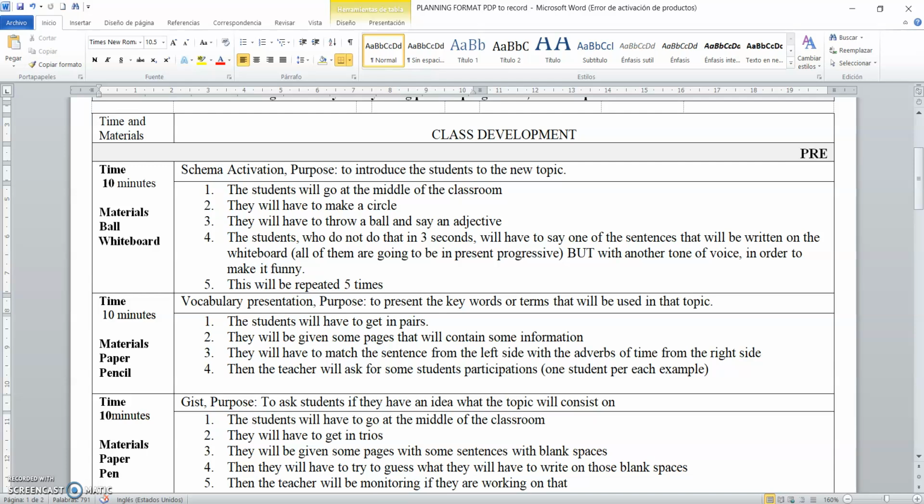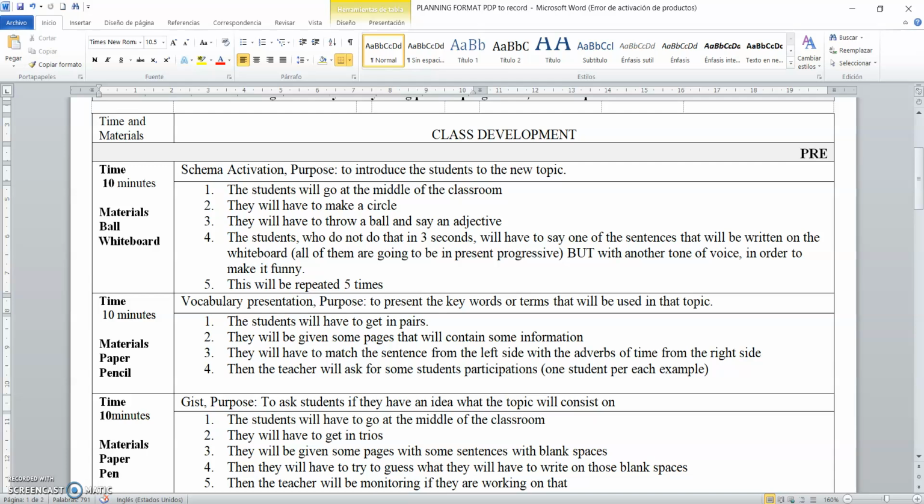For example, if the sentence says, I'm running right now, the student is going to say it with another tone of voice. For example, oh, I'm running right now. And the other students are going to laugh. For sure they are going to laugh.